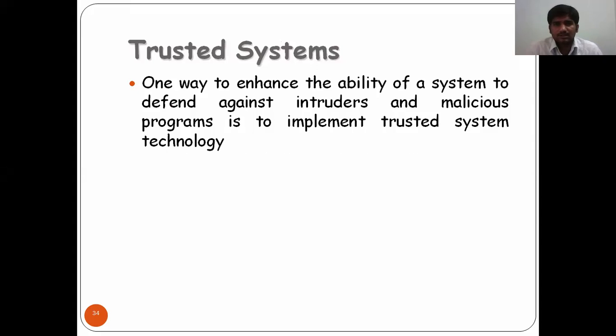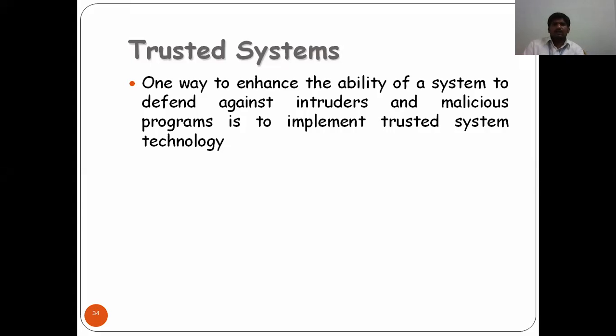When we call a system trusted, then definitely it has security. All the security measures like the triad, that is availability, authentication, and integrity, are available, such that the data must be authenticated by someone. Only then can we access that type of data.